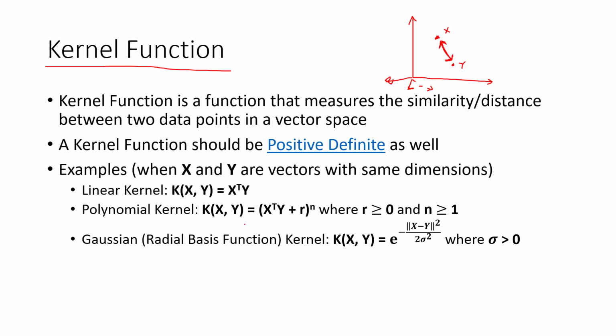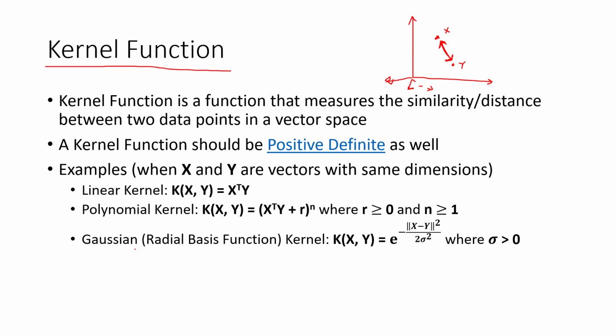But with the polynomial kernel, depending on the value of n, you can have higher order distances. It's like asking, if we had 5 dimensions, what would be the distance between these two data points, right?